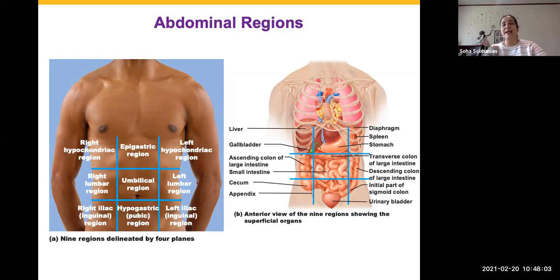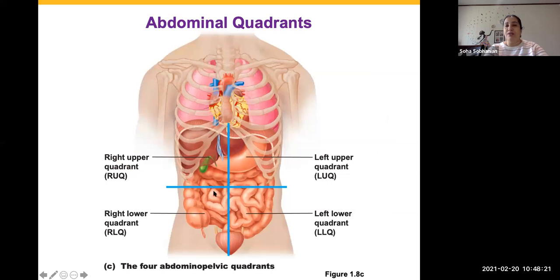Let's say the person has localized pain on the top right-hand side of their abdominal cavity. Instead of saying take a picture of the liver, the doctor can say focus on the right hypochondriac region, or take images of the right upper quadrant of the body. That's why these words exist.